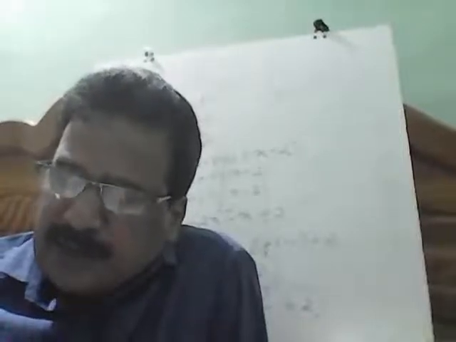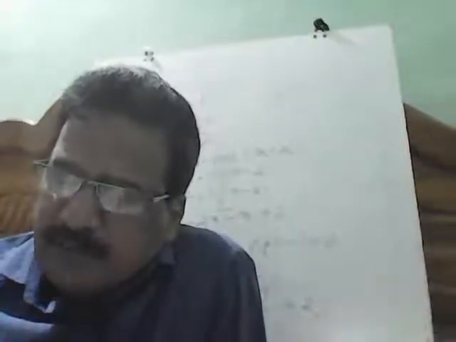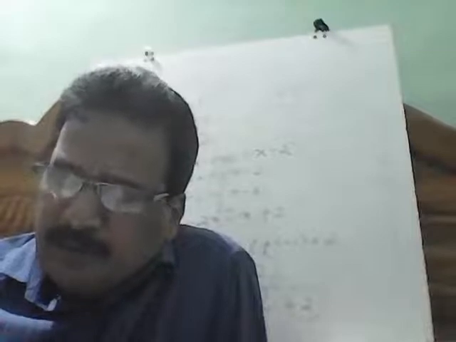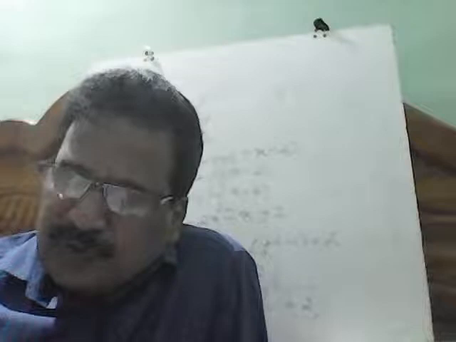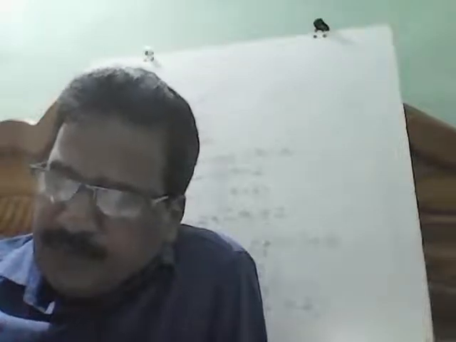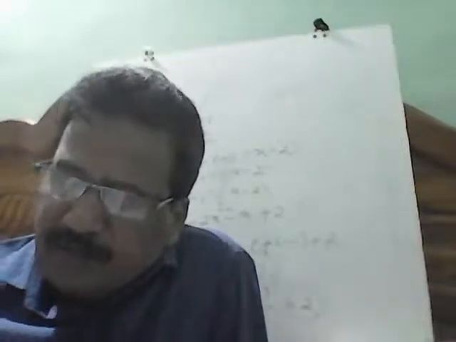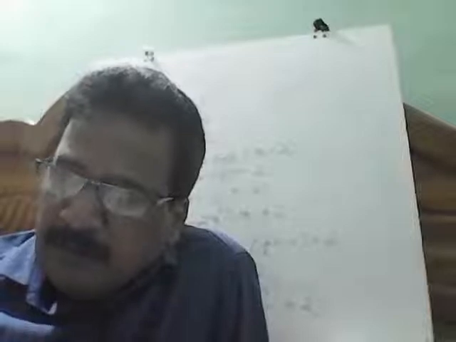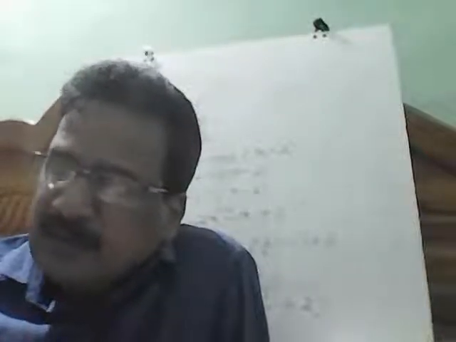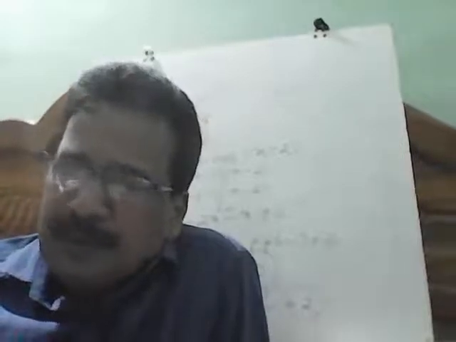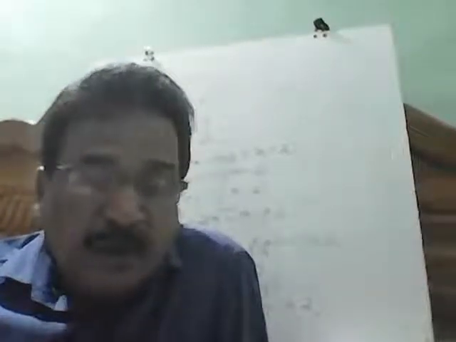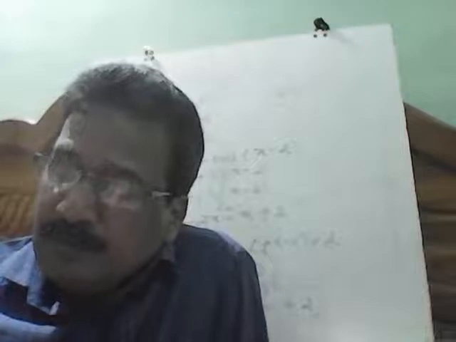Again, put minus 1 by 3 and p of minus 1 by 3 will be 0. You see, the solution is also given here. After checking these three numbers, 3, minus 1, minus 1 by 3 are zeros of the polynomial.